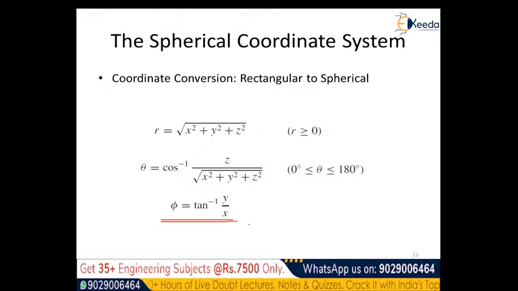Now, associated with the cylindrical coordinate system, there is a question from one student, wisdom vehicle. The question is, why is the cylindrical system needed?